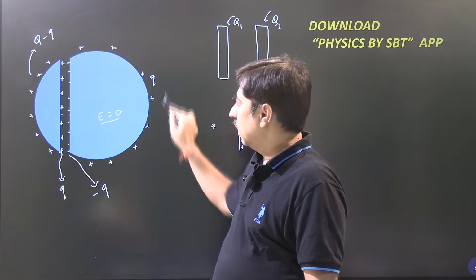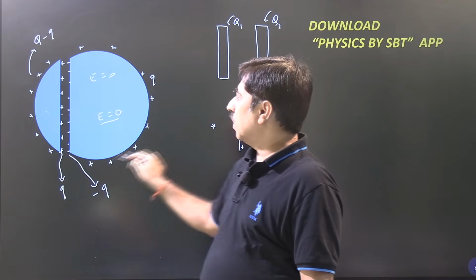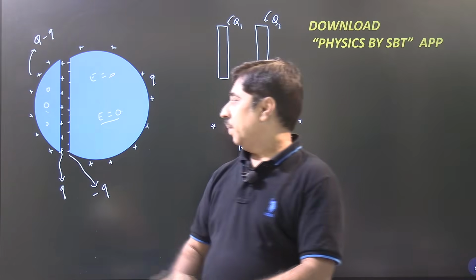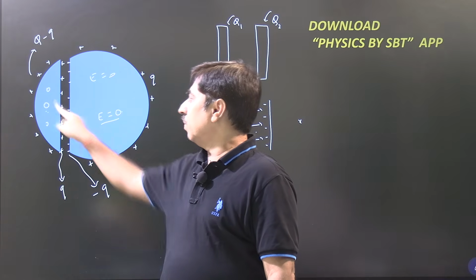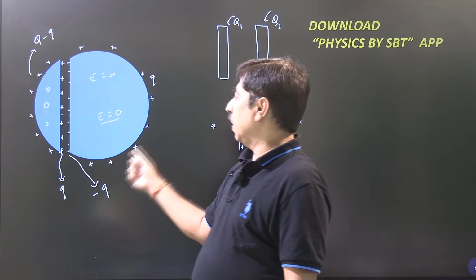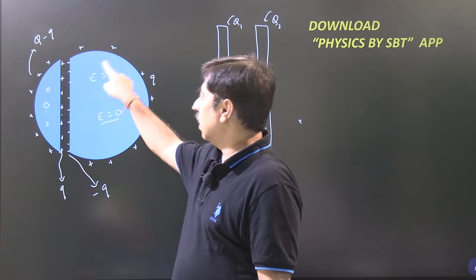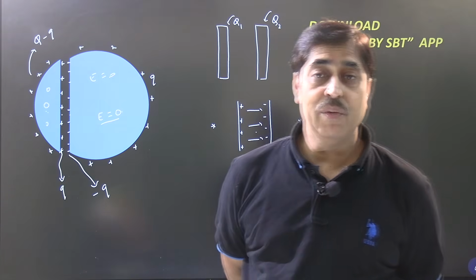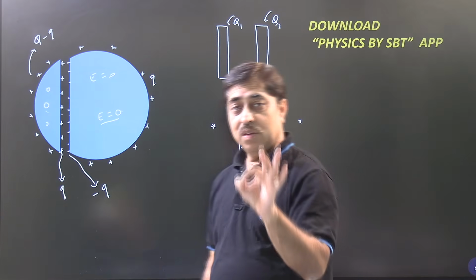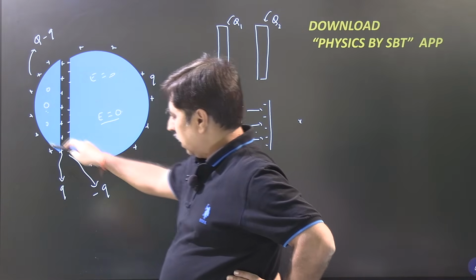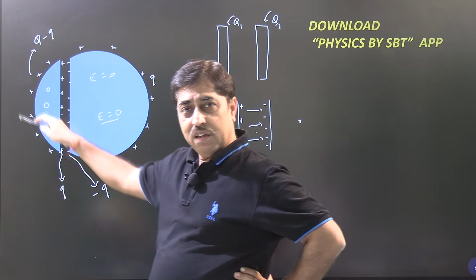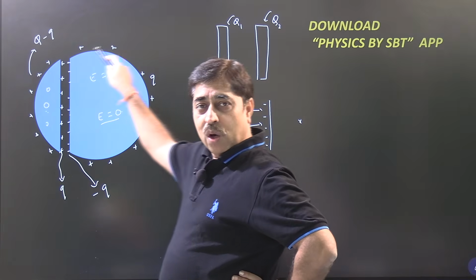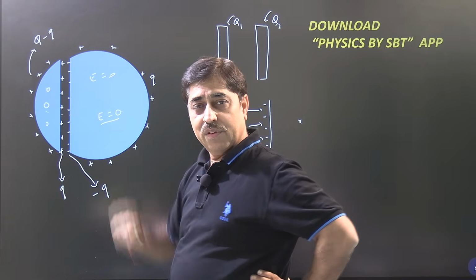Because of this charge, the electric field must be 0 here, here and here also. Because of these two charges, the electric field is 0 obviously at all these points. So because of this charge, the electric field here, here, here has to be 0, because at any point inside the metal, the resultant field will be 0, which implies that this entire charge is arranged such that it produces 0 electric field at all points inside the spherical surface.